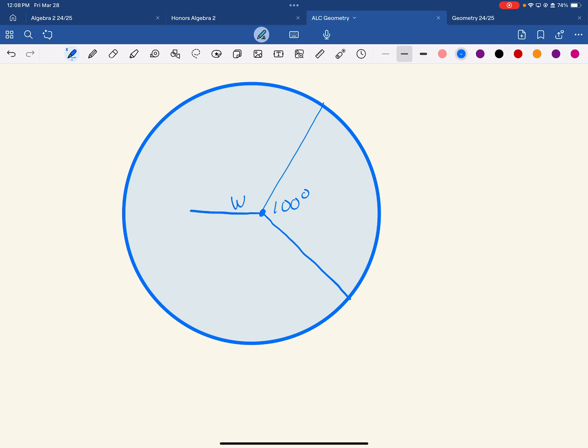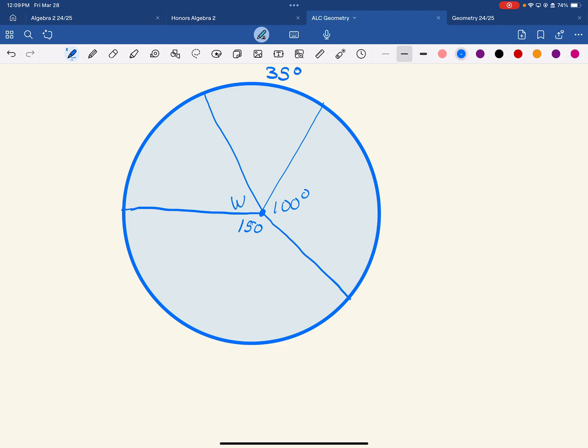I'm going to put another one here, and I'm going to tell you that this is 150 degrees. I'm going to put another one here, and I'm going to tell you that this arc is 35 degrees.